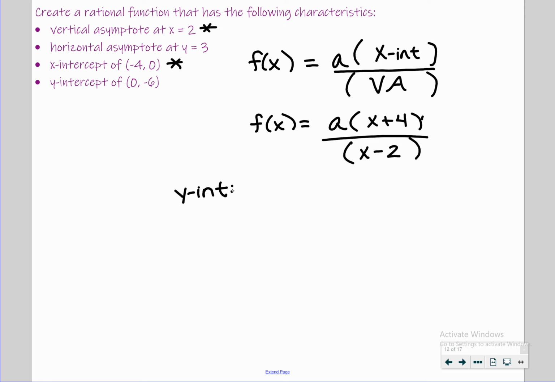My y-intercept says I have an x and a y. I can plug those in. My y is negative 6. My a I don't know. 0 plus 4. 0 minus 2. Okay. So negative 6 equals, what am I going to have on top?